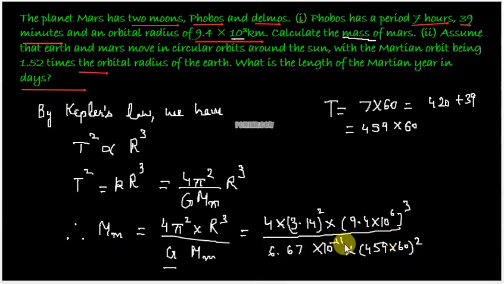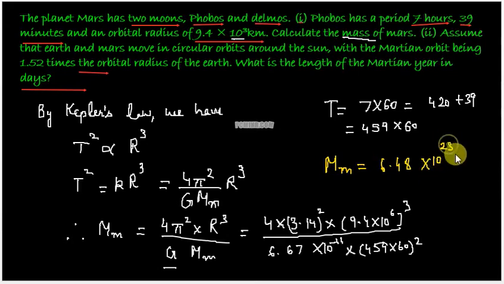Solving this by multiplication and then dividing, we get the mass of Mars as 6.48 × 10^23 kilograms.